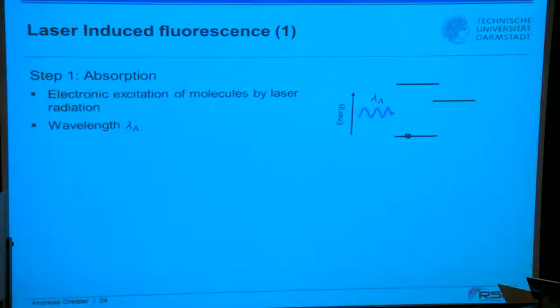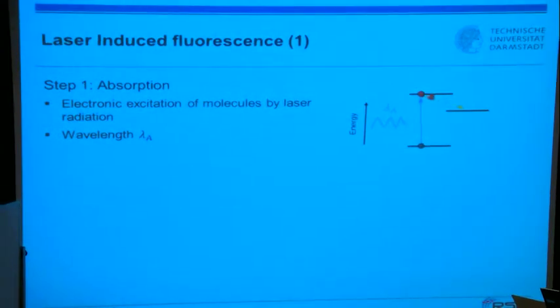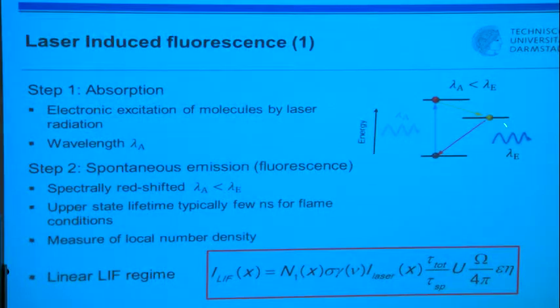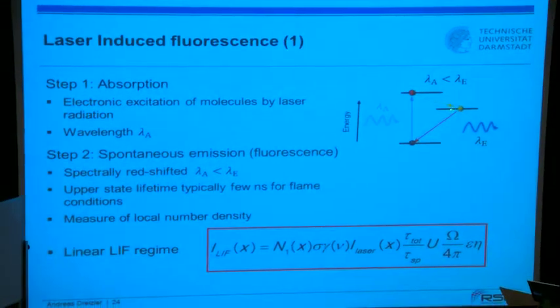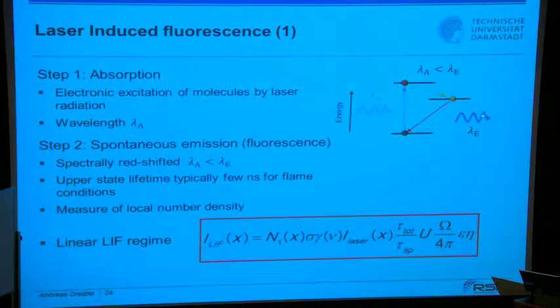What you do is you use absorption, very often of single photons, but not necessarily. For OH, for example, it's a single photon that brings you from the electronic ground into the electronic excited state. Then there might be some relaxation before it fluoresces. Fluorescence means that the energy is released into a photon.